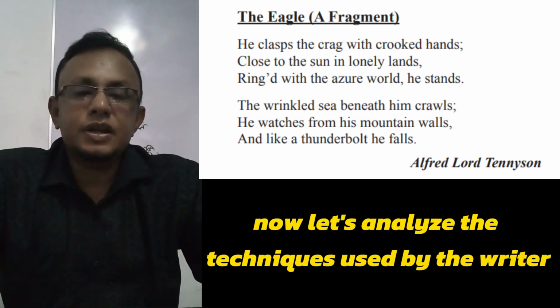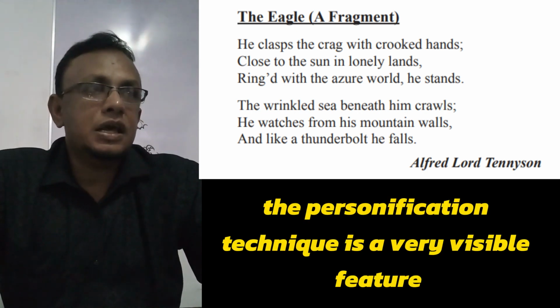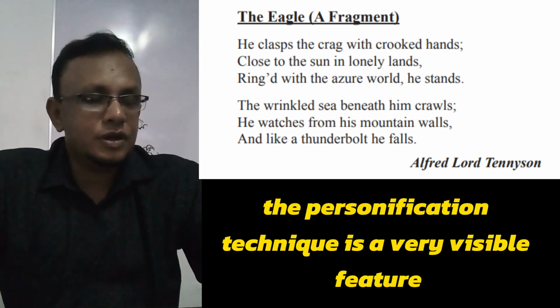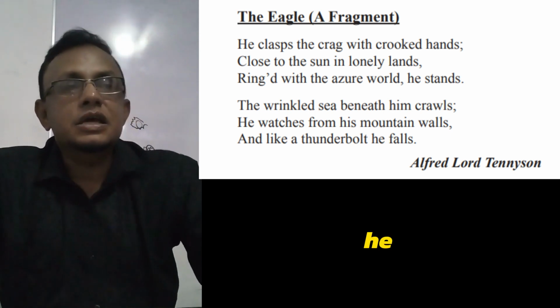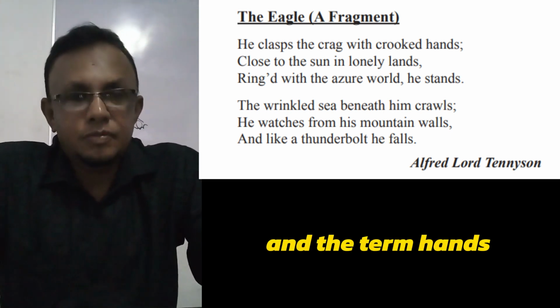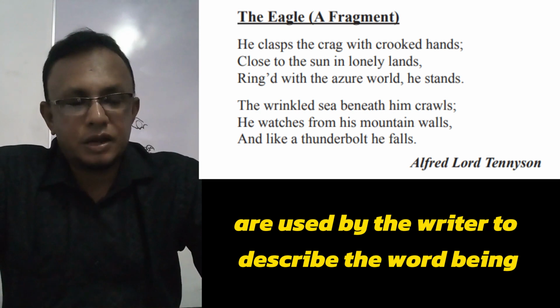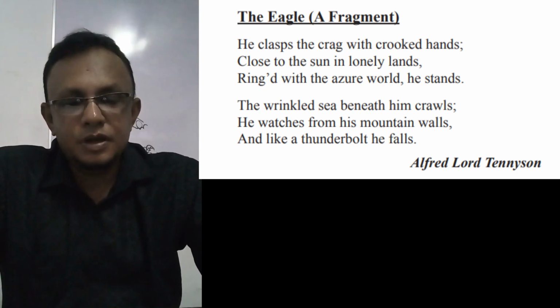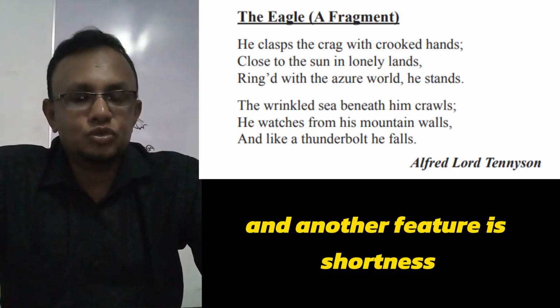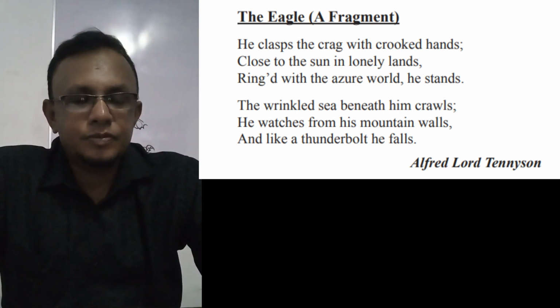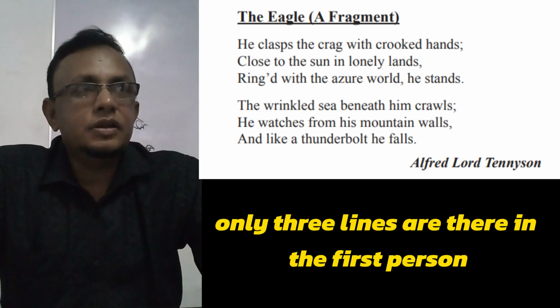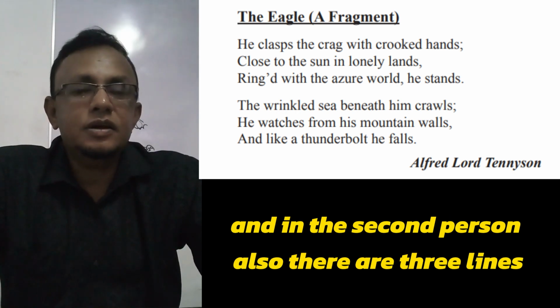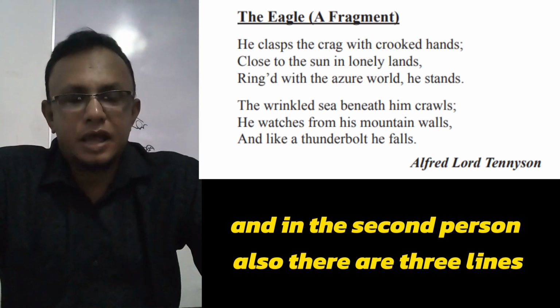Now let's analyze the techniques used by the writer. The personification technique is a very visible feature in this poem. He and the term hands are used by the writer to describe the bird eagle. And another feature is shortness. Only 3 lines are there in the first tercet, and in the second tercet also there are 3 lines.